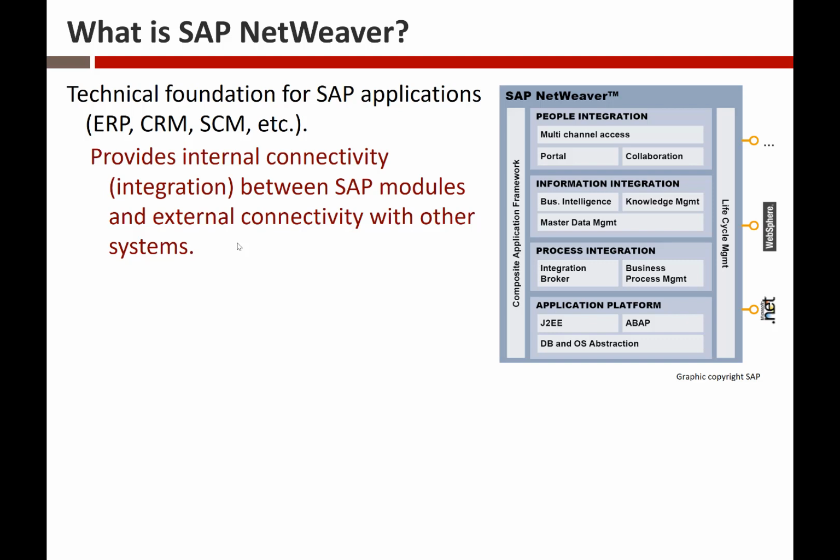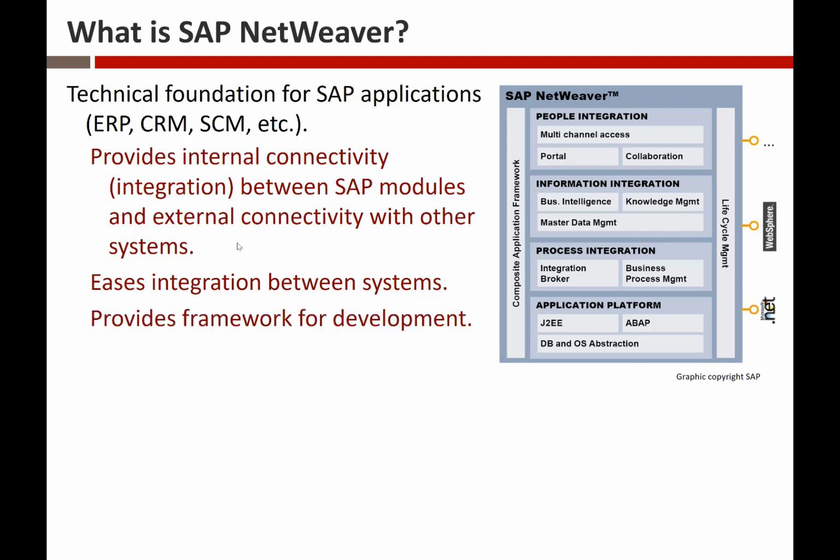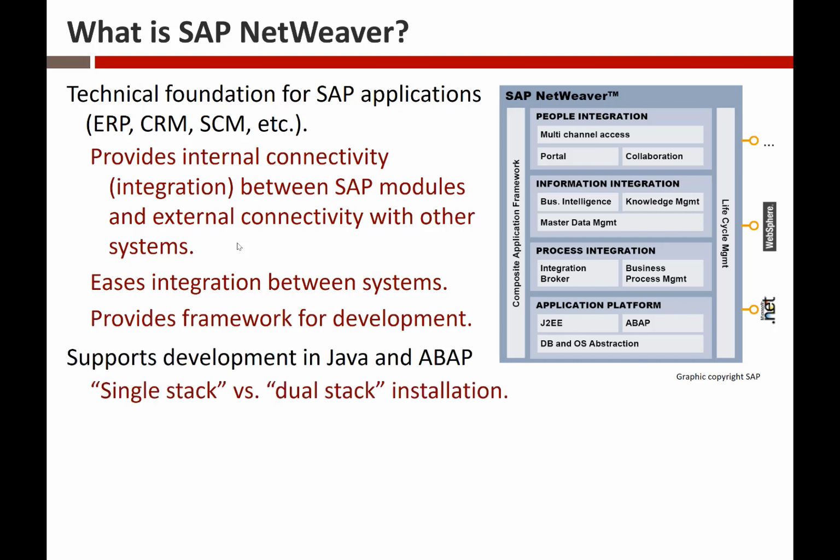So NetWeaver is a very, very important product for us in that it handles a lot of the very important housekeeping essential for development. It makes it very, very easy for all of these systems to integrate and communicate with one another, and it also provides a framework for development.